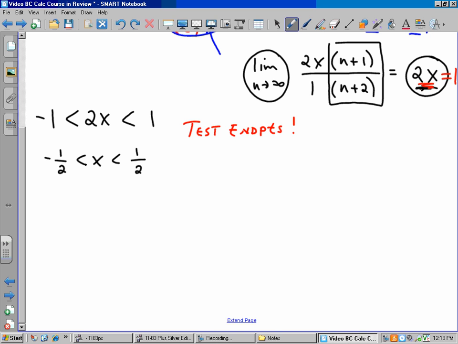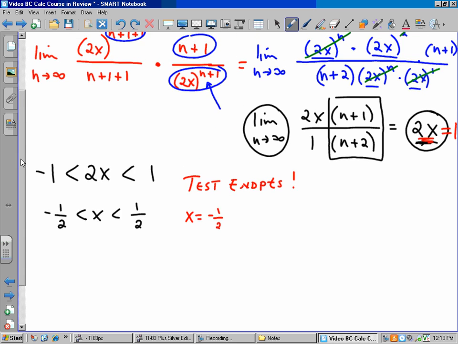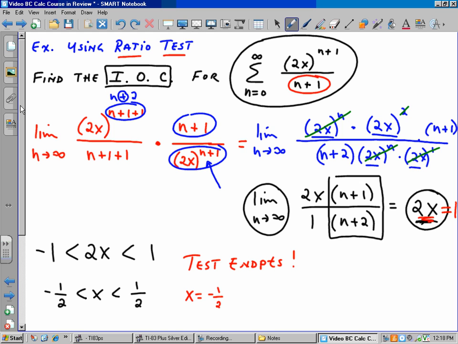So I want to test x equals -1/2. To test x equals -1/2, I'm going to go back to that original series, and I'm simply going to put -1/2 in for x. So if I put -1/2 in for x up there, what do I have?